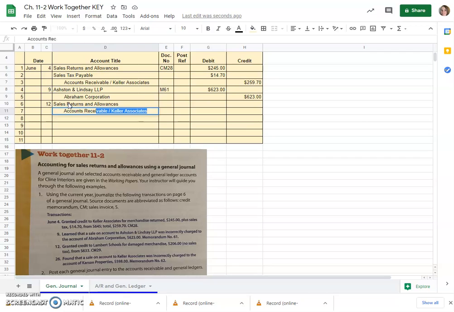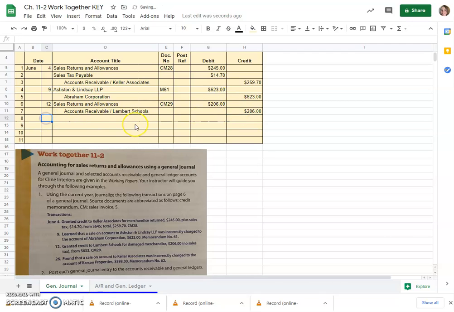I would assume that because Lambert Schools is a not-for-profit or a government organization, there was no sales tax as we had in the first one. And it was CM 29, the book says, credit memorandum 29, and the amount was $206.